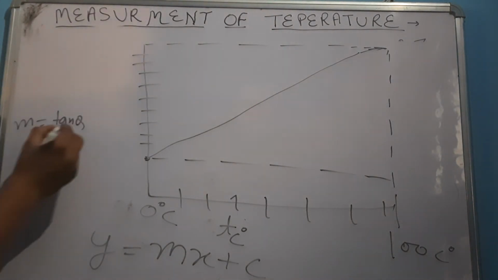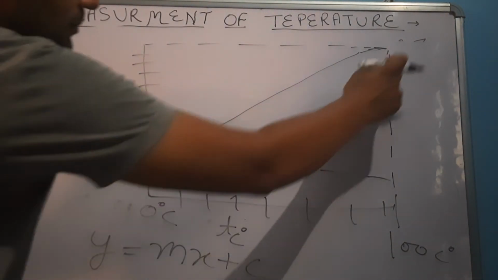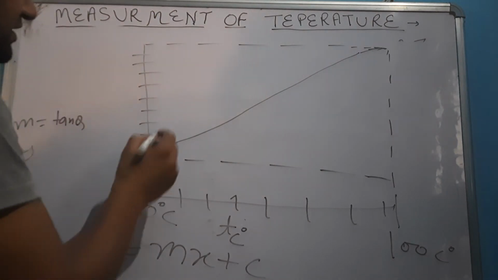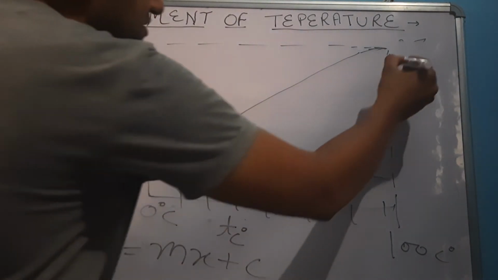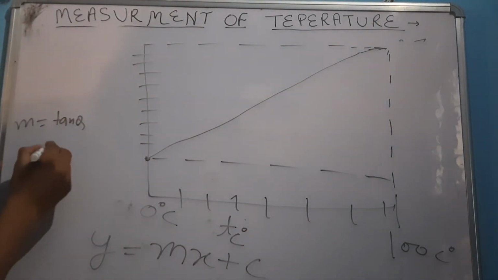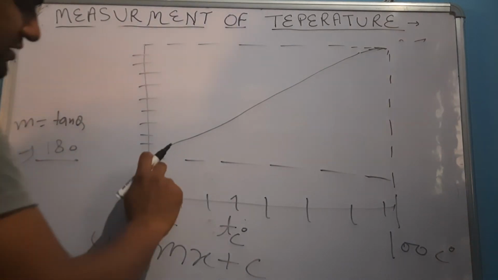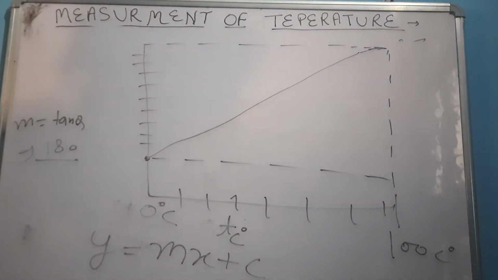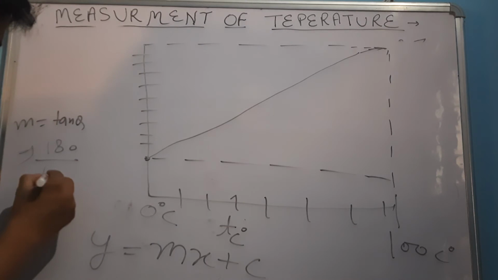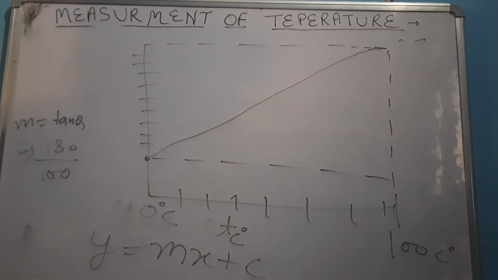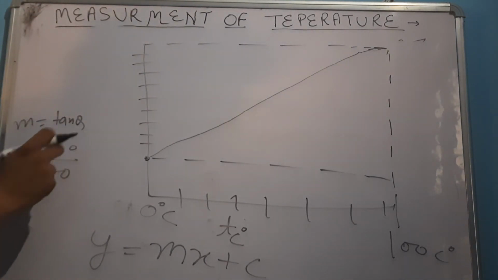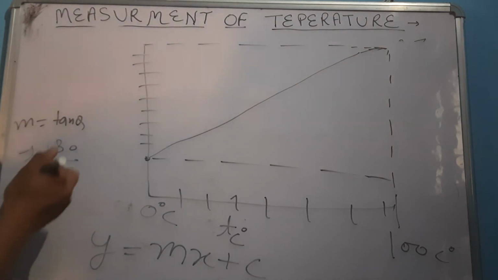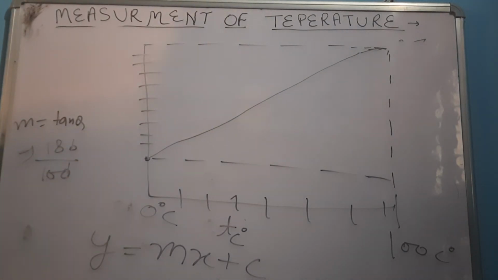Tan theta is equal to perpendicular, that is 180 divisions, and base, that is 100 degrees Celsius or 100 divisions. So our slope will be equal to 180 upon 100, or we can say 18 upon 10.